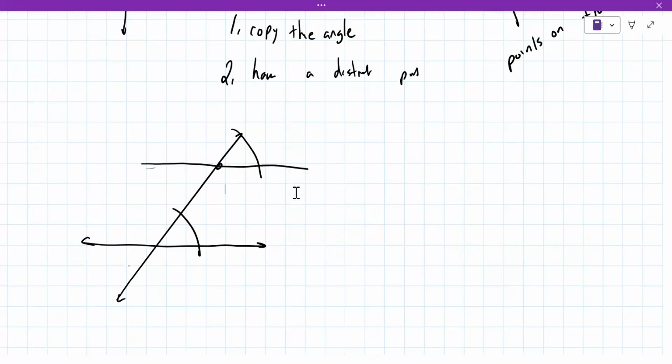So let's see, for parallel lines, you don't have to intersect. Perpendicular, you do.